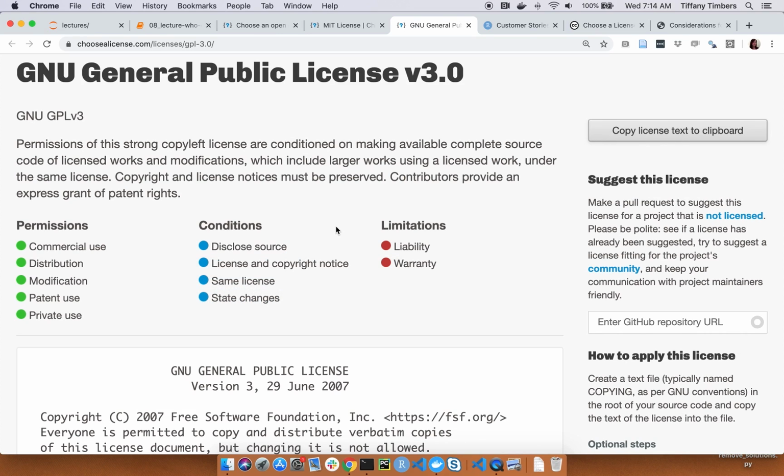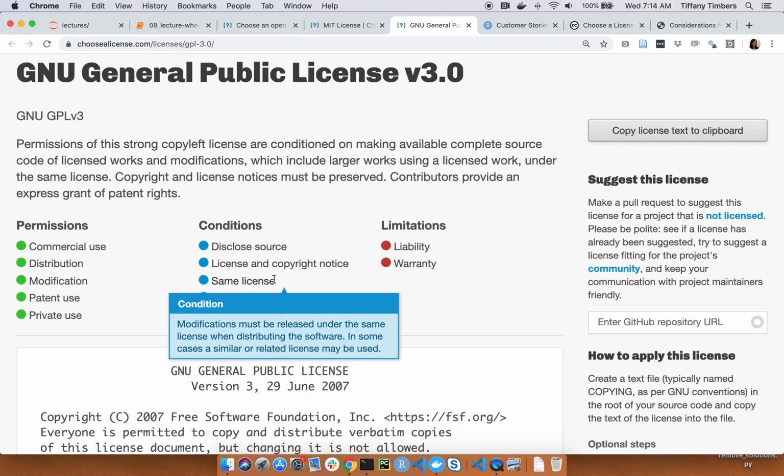That's required by this license. And basically, if someone takes your source code, or you take your source code, and you derive from it or modify it, you are also required to use this same license again.